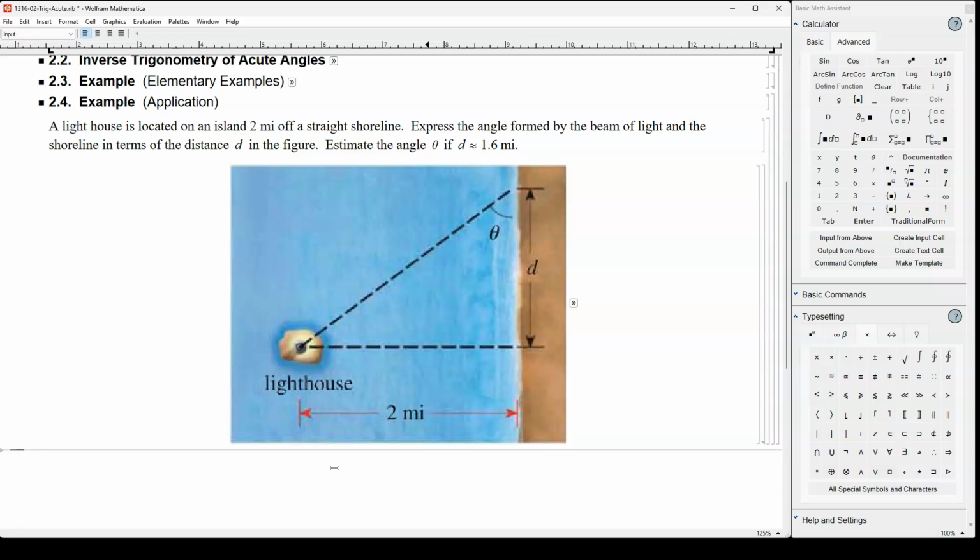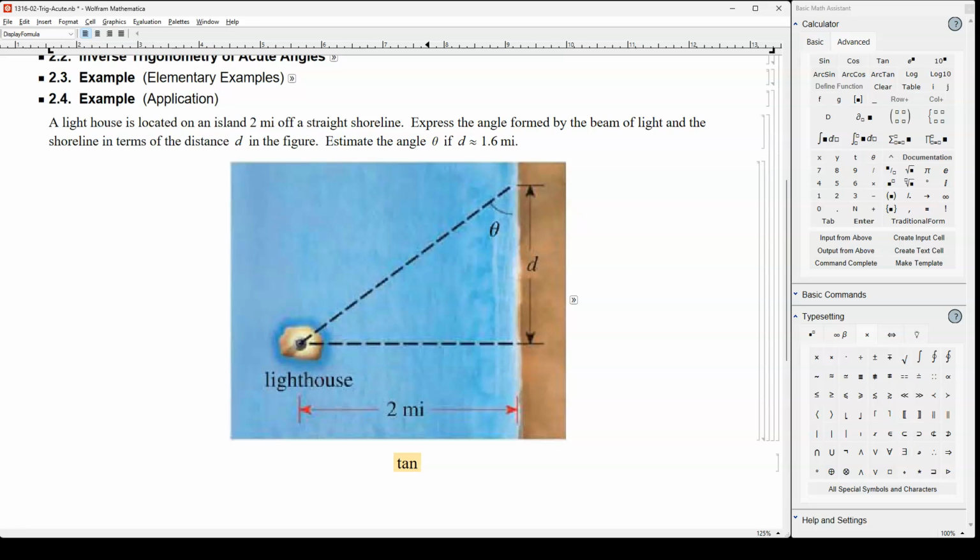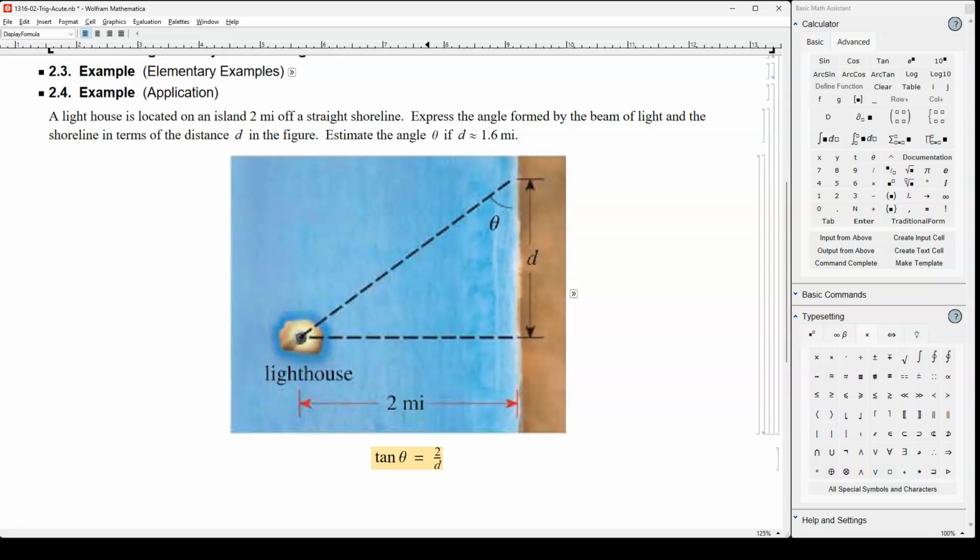So inverse sine and inverse cosine will not work. Tangent of theta is opposite over adjacent. So if you're looking for theta, that's going to be inverse tangent of 2 over d.